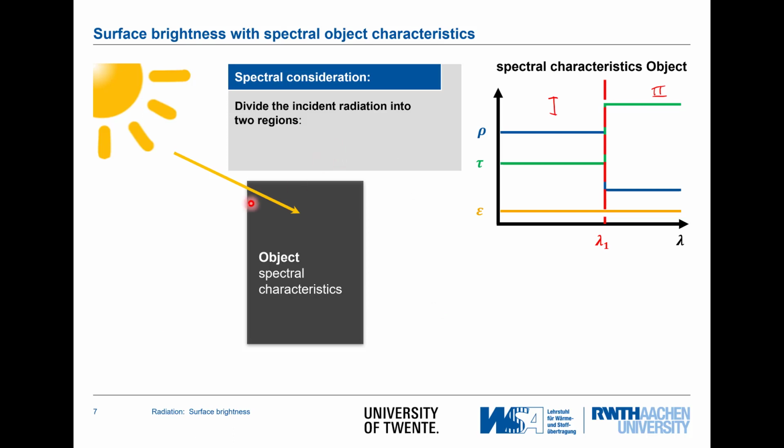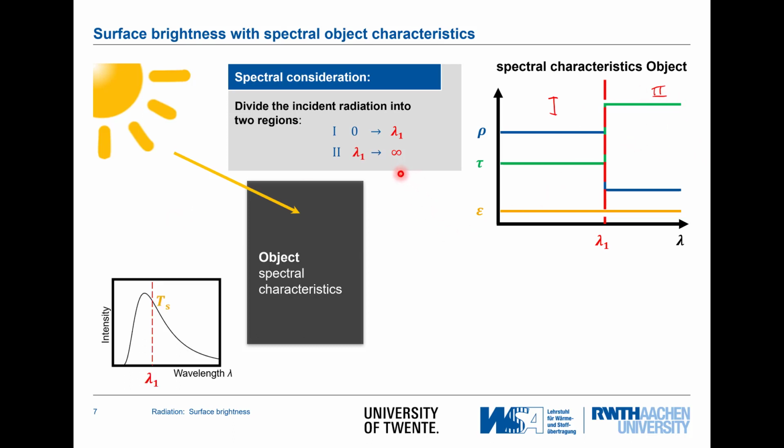Then we would divide the incident radiation into the two regions. Region 1 from 0 to lambda 1, region 2 from lambda 1 to larger wavelengths or up to infinity, as shown here mathematically. And in the spectral view, this is showing Planck's curve, intensity over wavelengths. It would be short wave and long wave regions that we would split up here.